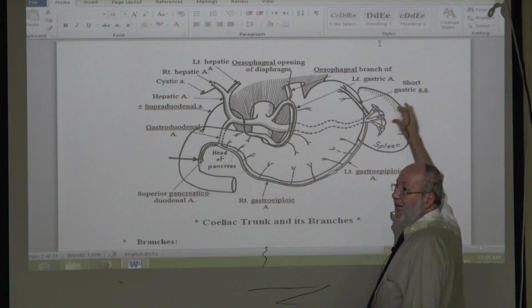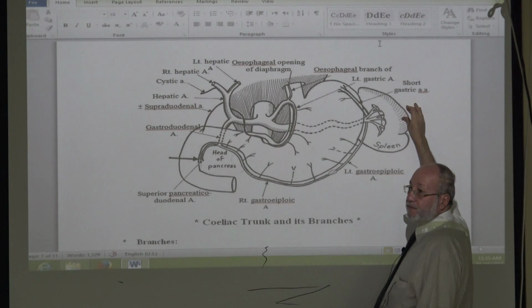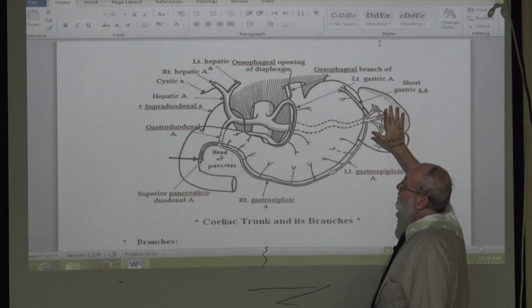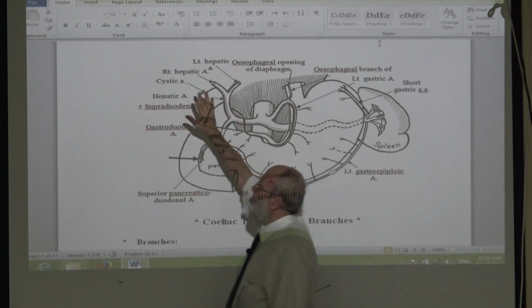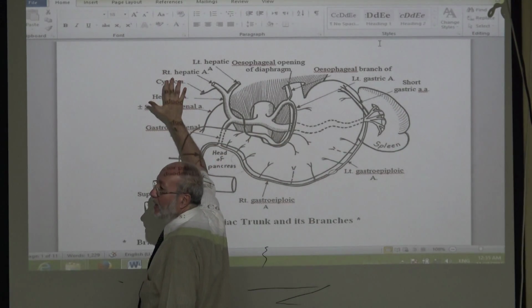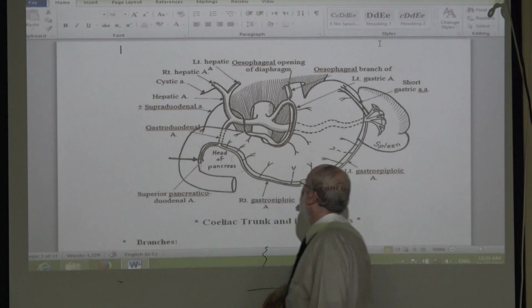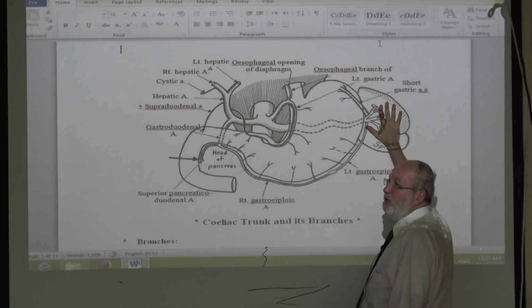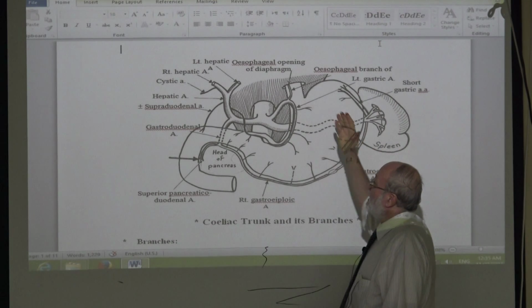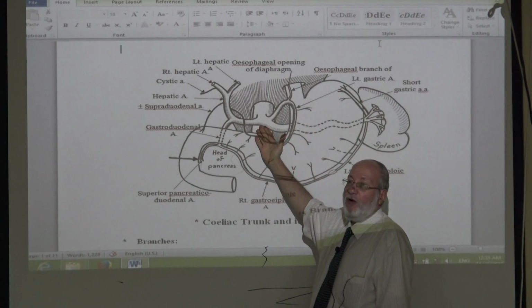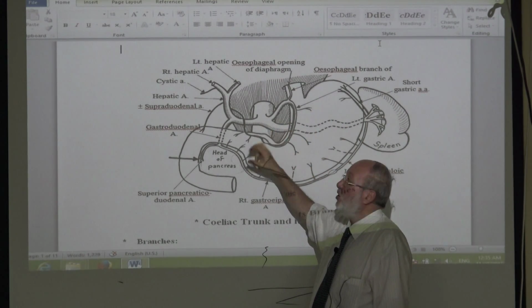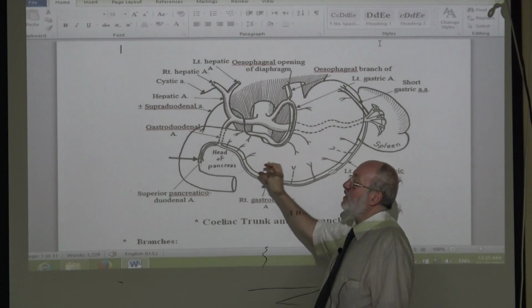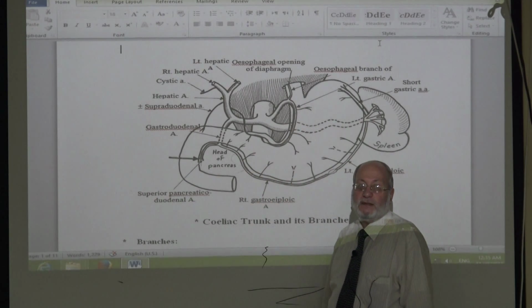The neck, body, and tail of the pancreas. And the liver on the right side and the spleen on the left side. This is the aim of the celiac trunk, to supply all the structures derived from the foregut.